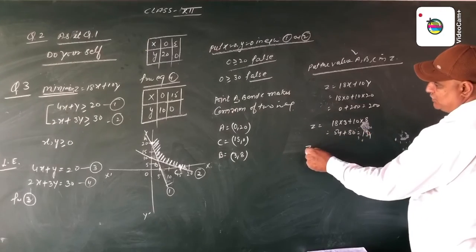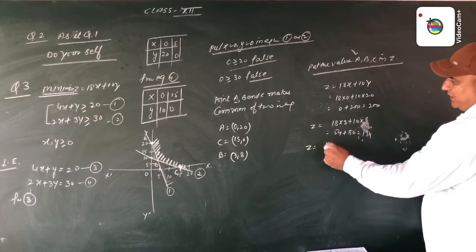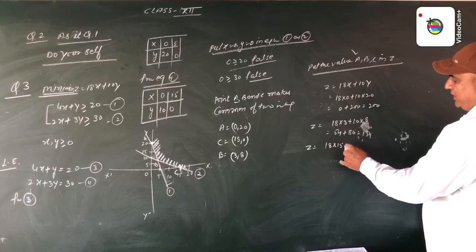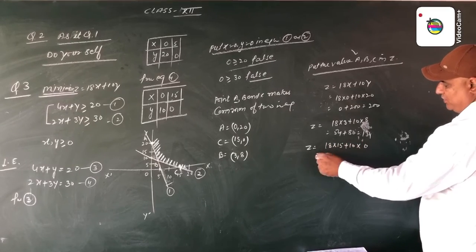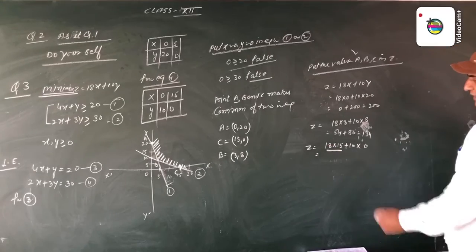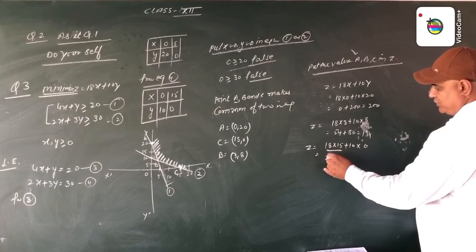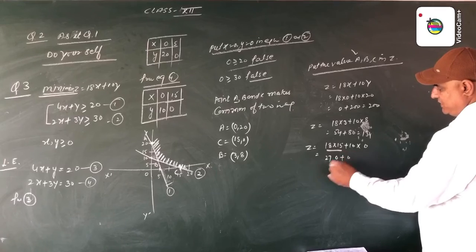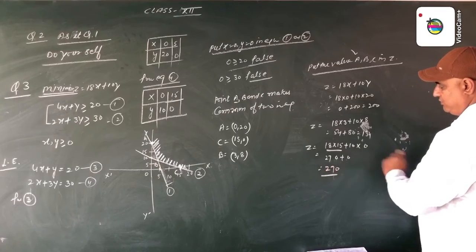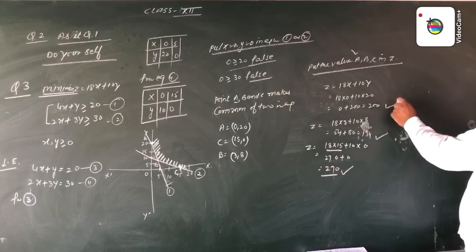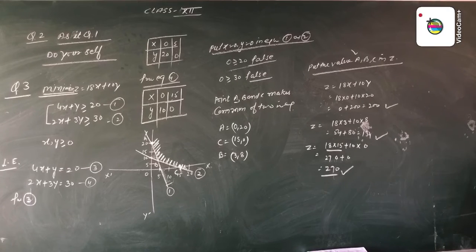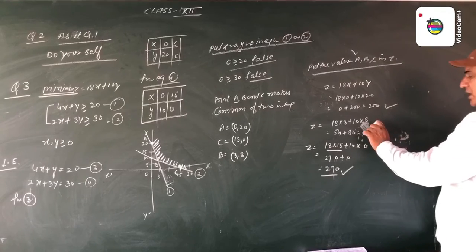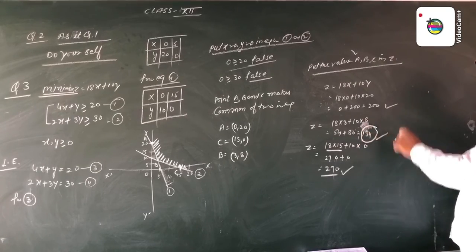The third value, C, is 15 and 0: 18 multiplied by 15 plus 10 multiplied by 0, 270 plus 0, which means 270. Now from these three values we take the minimum value. The smallest value among these is 134.